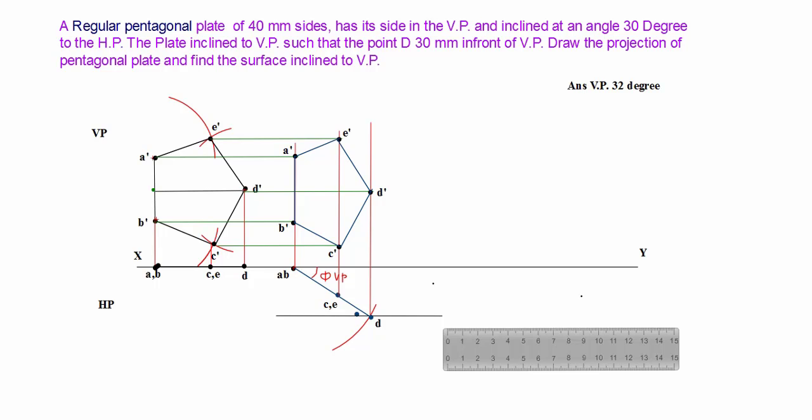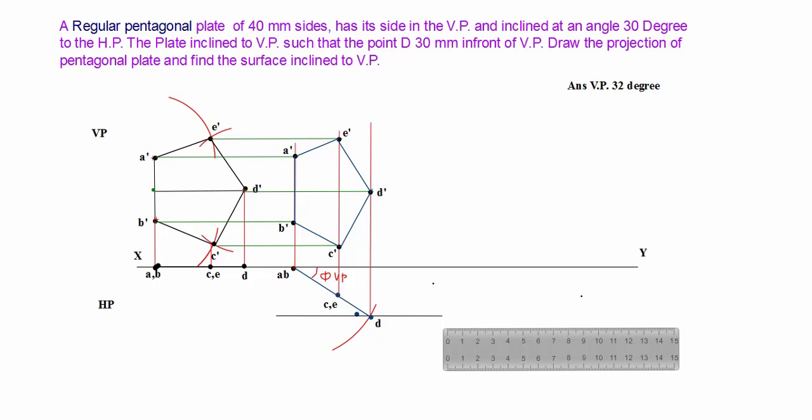But what is the difference between the first elevation, when your plate is inclined on VP plane, and this elevation in the second stage, where the surface is inclined to VP? So this area bounded by this polygon is higher than this one.